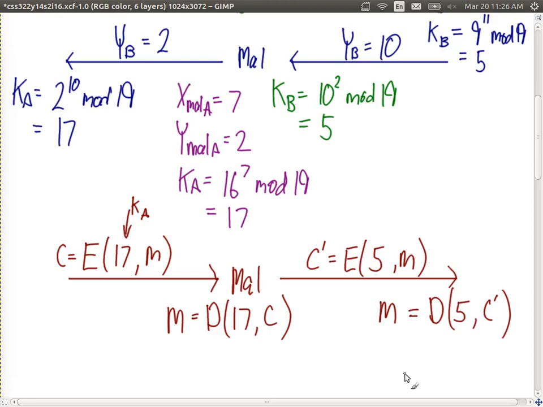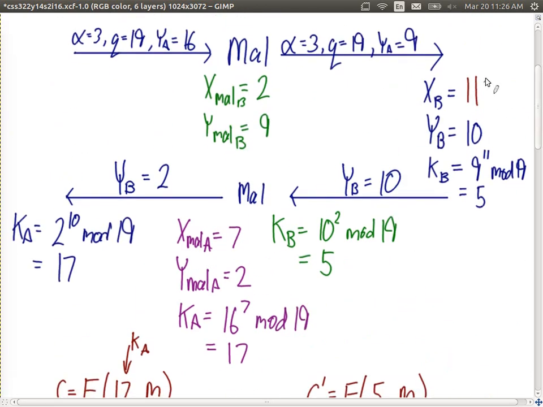What went wrong? One of the first steps was that B received a message, this first message here, thinking it's from A when it's in fact been modified. The malicious user has modified it, so it's actually come from someone else. But B thinks that they received this message from A.